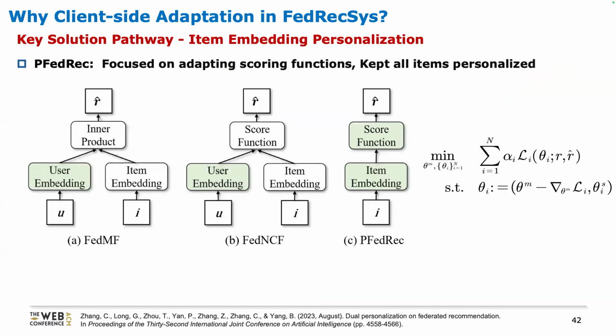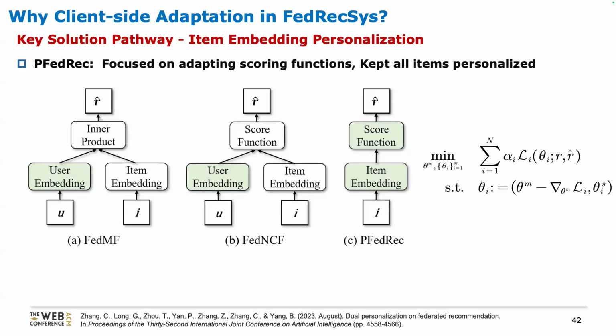And now let's recall pFedRAC. Unlike FedMF, which uses a mixed inner product, or FedNCF, which learns a shared score function, pFedRAC lets each client customize both the item embeddings and the scoring network itself.